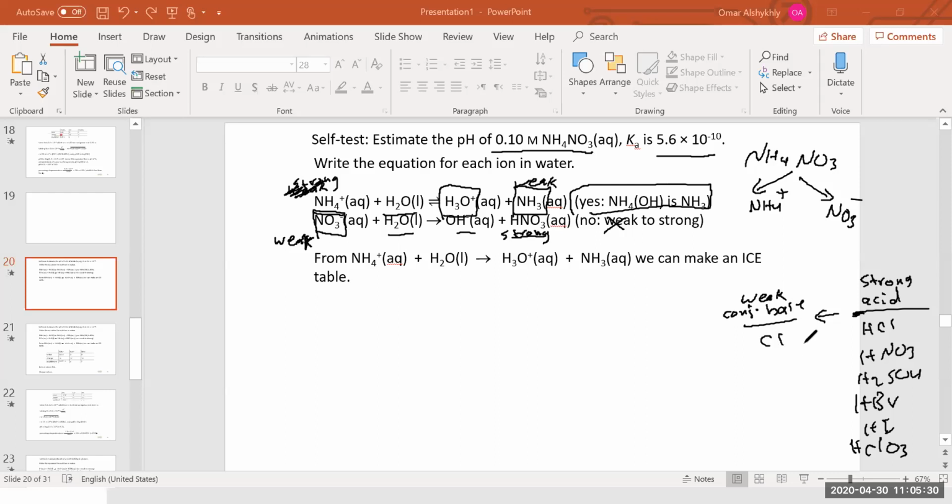So here Cl negative, NO3 negative, SO4 2 negative, Br negative, I negative, ClO3 negative, and ClO4 negative also. So these are considered weak conjugate bases of the strong acids.